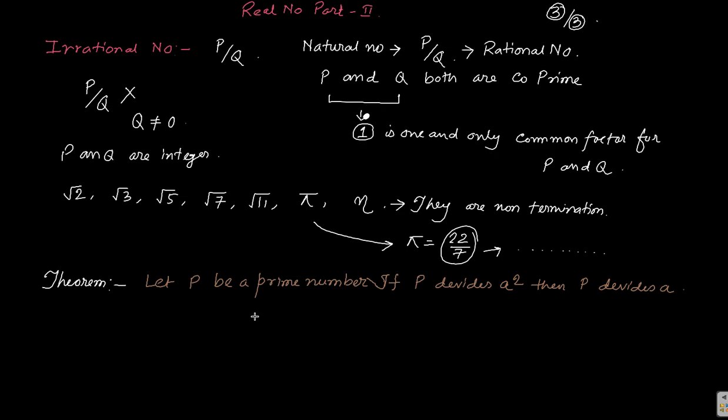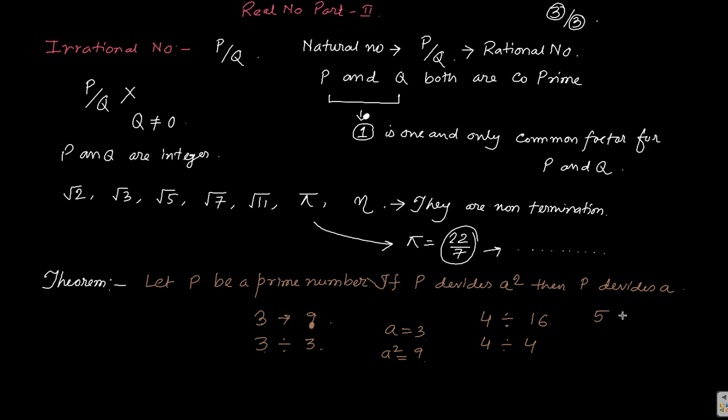It means if 3 divides 9, then 3 obviously divides 3 also, because if a is 3, then a square is equal to 9. If 4 divides 16, then 4 obviously divides 4.